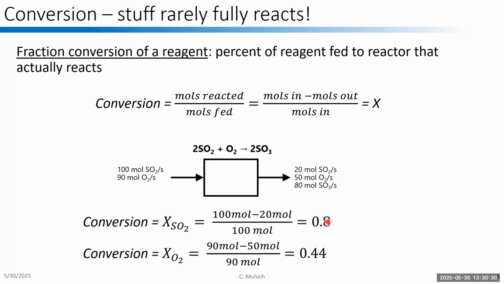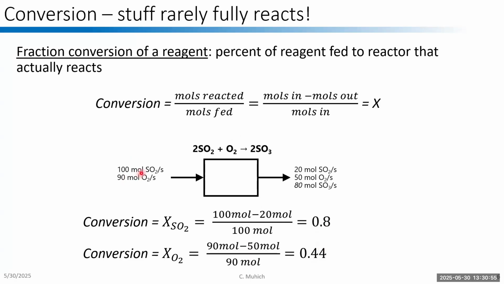If I do the same thing with the oxygen, I had 90 moles go in, 50 come out, 90 went in, so I have a 44% conversion of my oxygen. Notice that these two are not necessarily equal in the system, and nor do they need to be in a stoichiometric ratio.